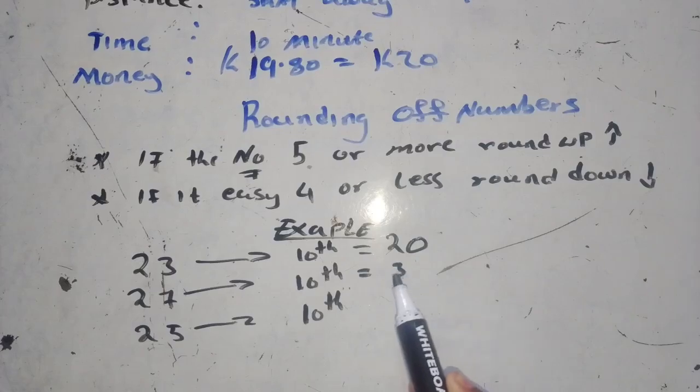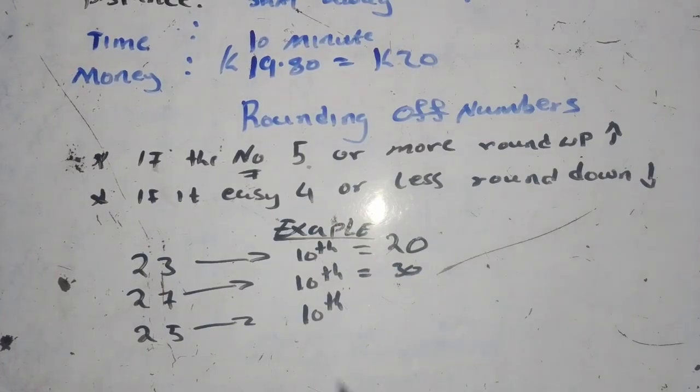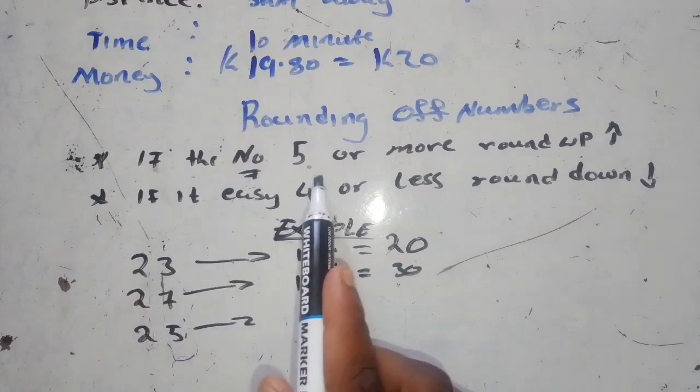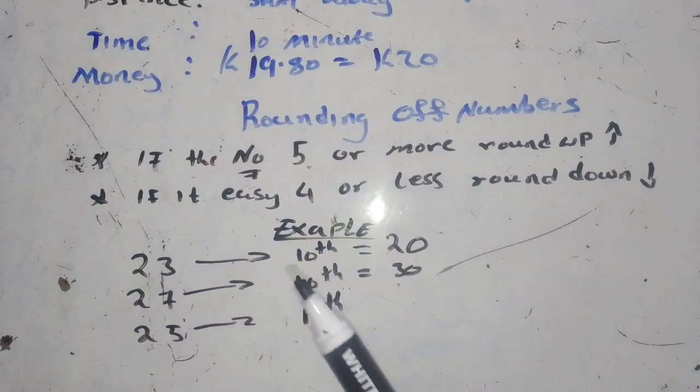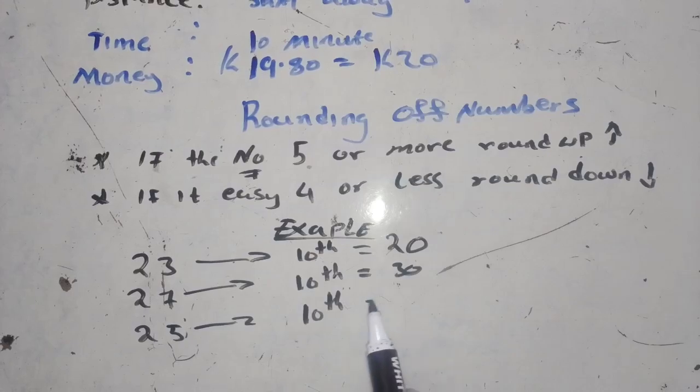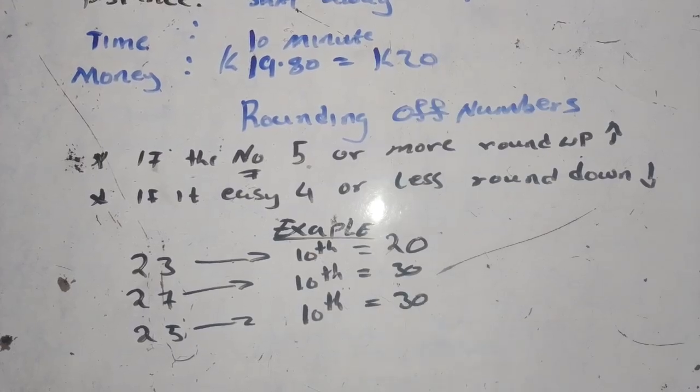Now 25: this 5 is 5 or more, so where it said if the number is 5 or more, round up, we round up 25, and it gives us 30 to the nearest ten.